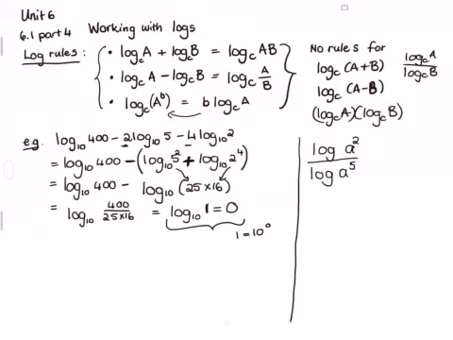Right, now notice I didn't put in bases. You don't have to put in bases. If you don't put in a base, it just means base 10. And you should on your calculator also have one of those buttons where there's a log with no base. What we're going to do is we do the top and the bottom as two separate sums.